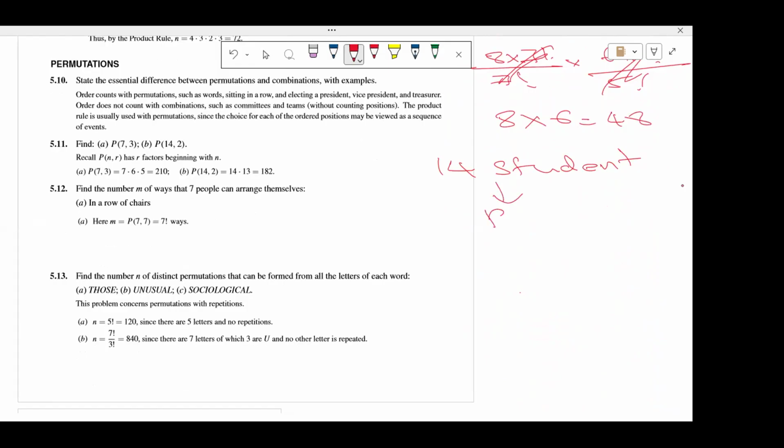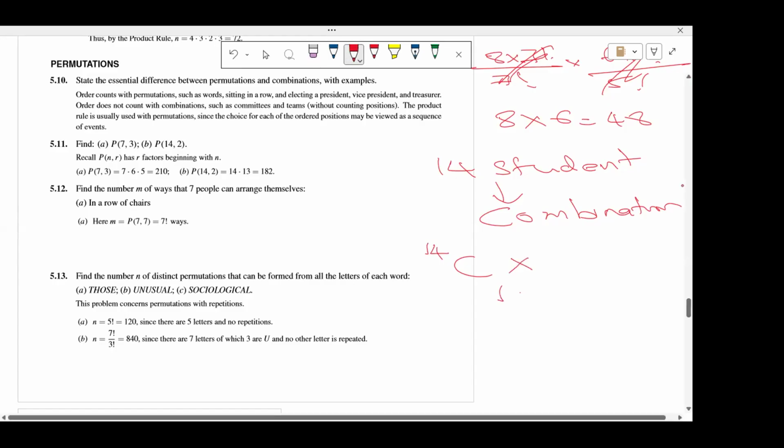We need to apply combinations, not permutations, because we are selecting a group of people. For the president, how many ways can I select? 14C1. Now, how many ways can I select the vice president? If I put 14, is it correct? 14C1. Tell me.